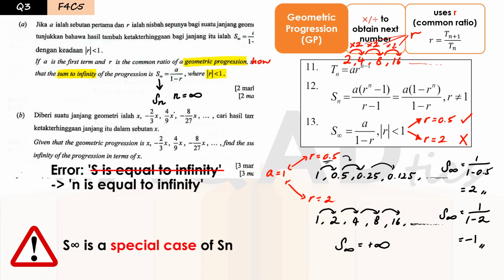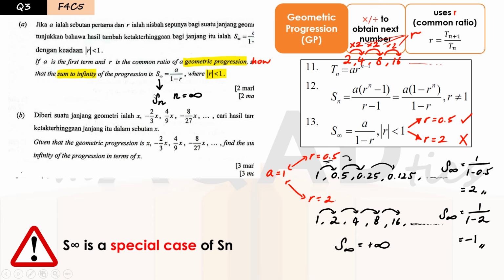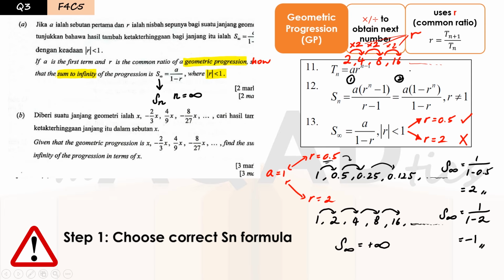So if you want to prove S to infinity, you first need to look at the formulas of Sn, which here there's a headache because it has two formulas. So which one to choose? The easy way is you can look at the denominator. Here it's 1 minus r, right? So which one has 1 minus r? This one, right? So we can just use the second formula.